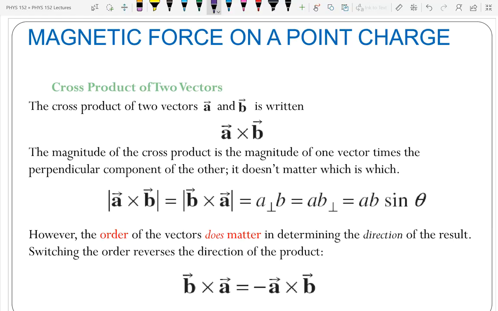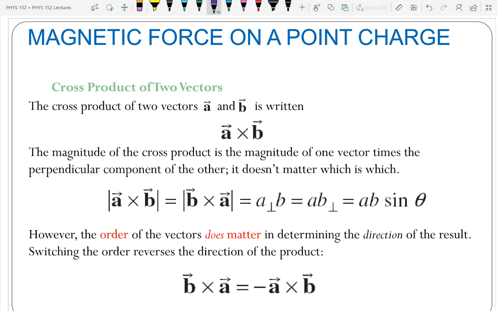The right-hand rule in general, A cross B, is going to have its direction determined by the directions of these two vectors. Now, with the cross product, the answer is always perpendicular to both of the two vectors.